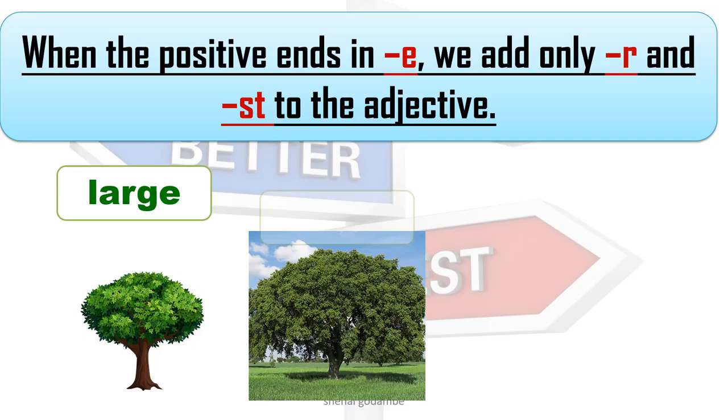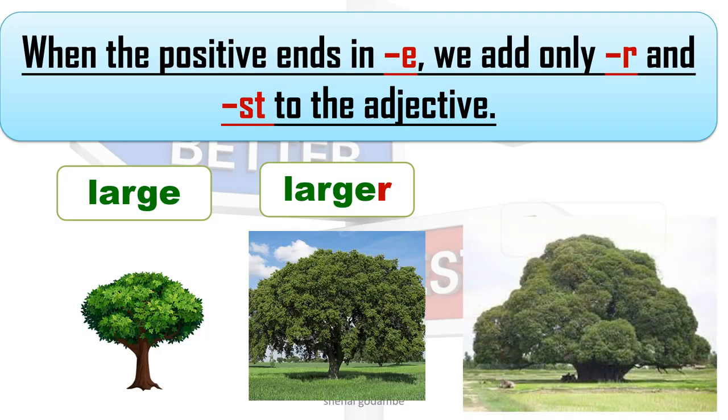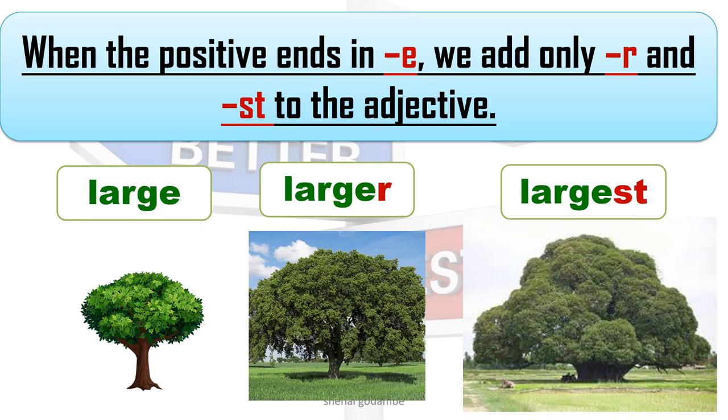Now this tree is larger. Here L-A-R-G-E, E is already there. So we have just added R. We have not added ER, but just R over here. And in superlative form, largest.